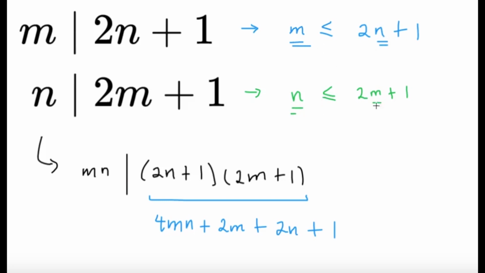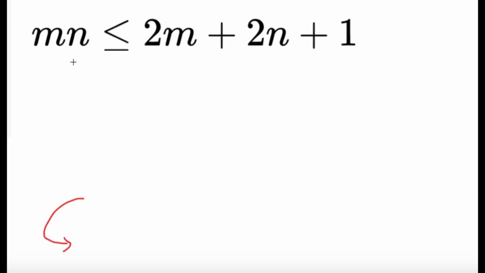But here we have something of degree 2, a product of two variables, and on the right side something linear. So it is expected that if m and n grow big enough, at some point mn would be significantly bigger than these two. This suggests that we are going to do some bounding for the values of m and n, and this is actually not that difficult to find.